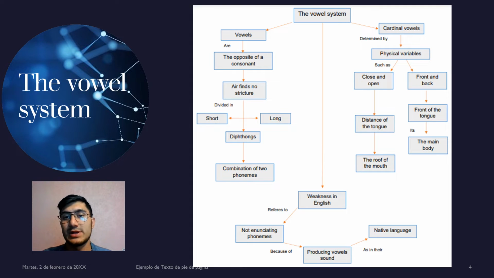The cardinal vowels are determined by physical variables and can be closed and open, front and back, depending on the zone of the sound that we are going to produce. So teaching this, similar to articulators, we can show our students that we have different places where we can produce those sounds.